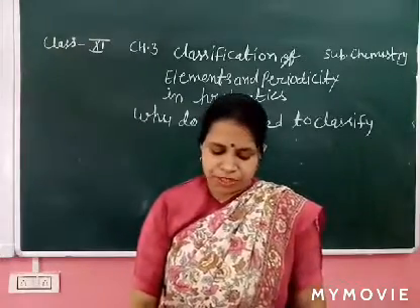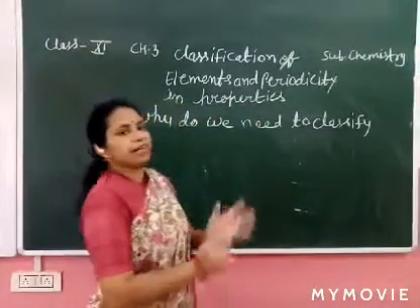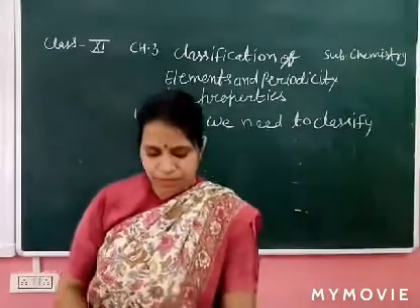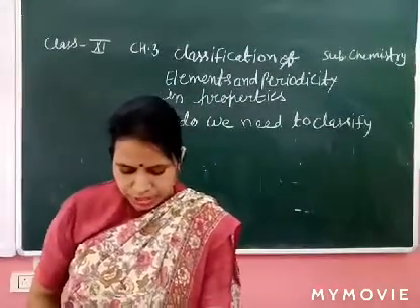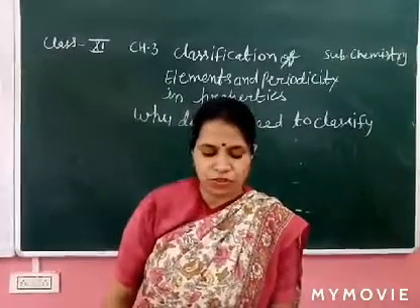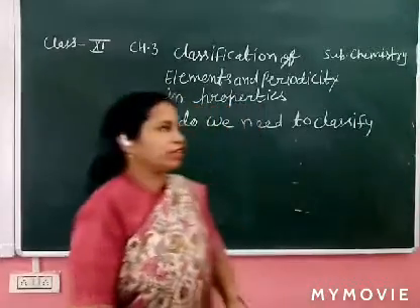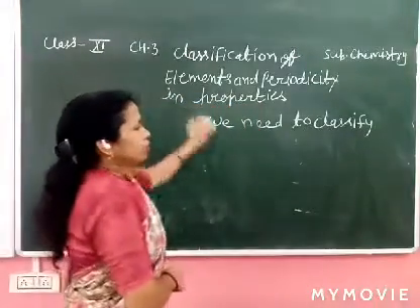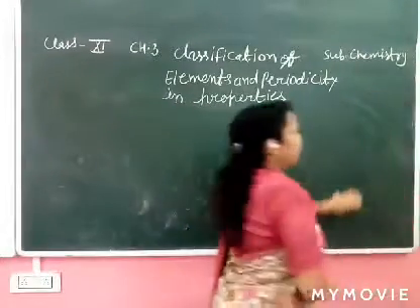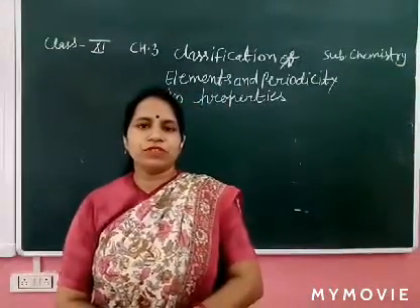Similar atoms are placed together and dissimilar atoms are separated from one another. This is known as the classification of elements. Now there are 2 points: why do we need to classify the elements, and what is the periodic table and the classification of elements? Now it's clear to all of you?